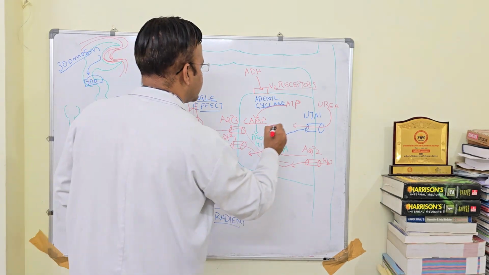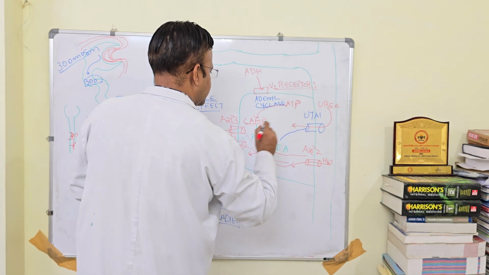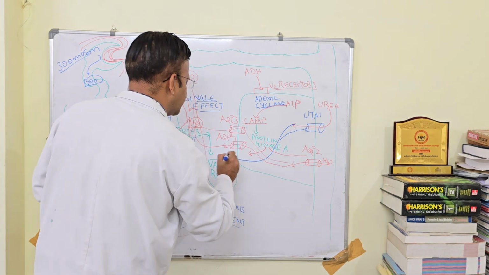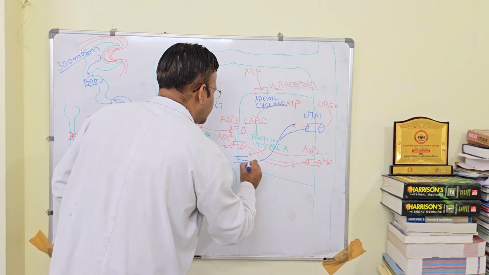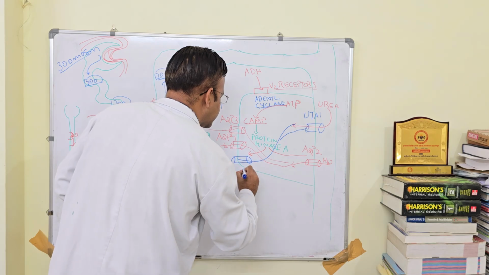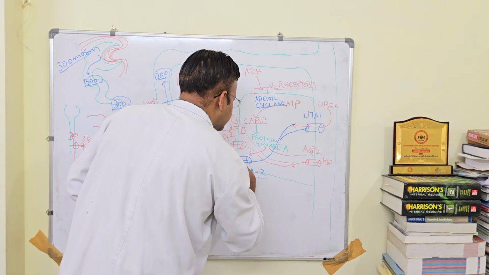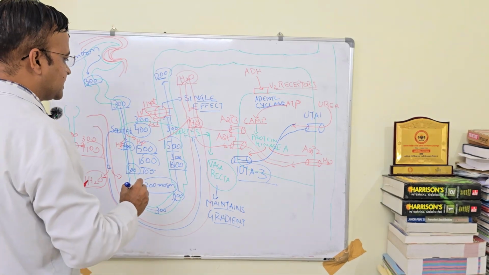And all this urea will go to this side of the cell, the basolateral side, and will come out through which channel? UTA3. And what will happen next?